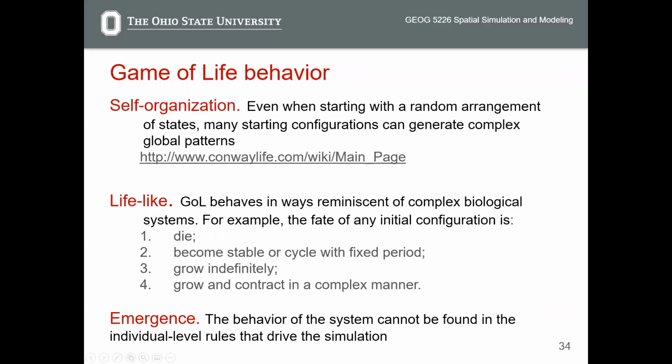And there is emergence. The behavior of the system cannot be found in the individual-level rules that drive the simulation. Again, I need to emphasize this: emergent behavior, or emergence. It is the core of this course. At the individual level, each individual is following a set of simple rules. Their behaviors can be predicted accurately because they're following rules.